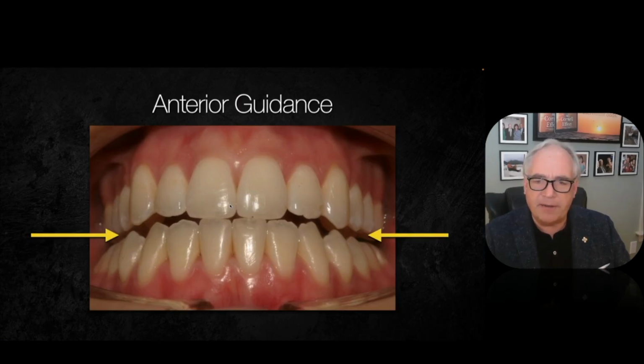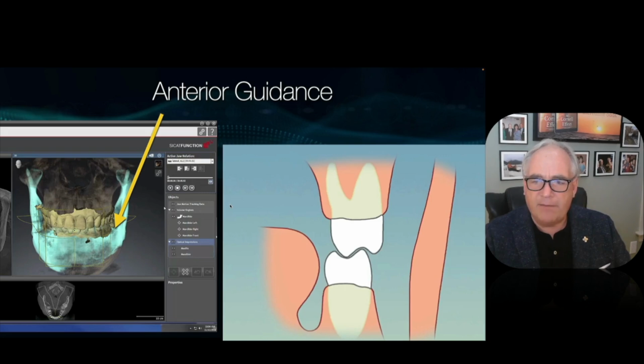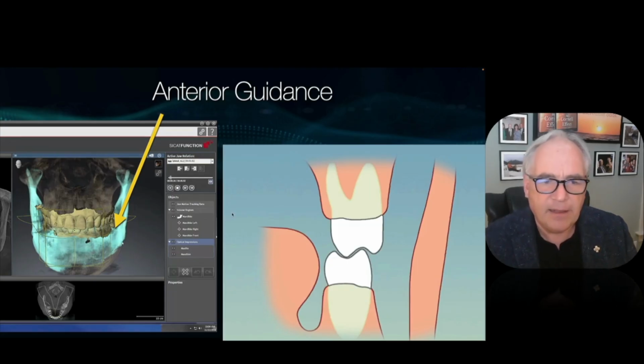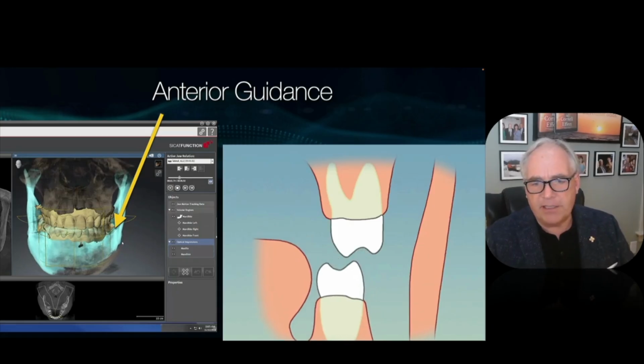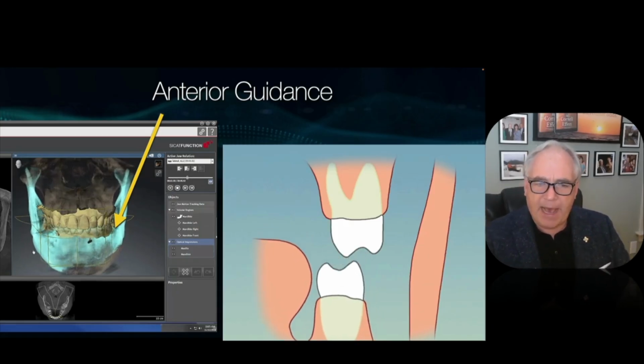But in anterior guidance, we want to have a good disclusion in protrusion where the posterior teeth are separated. We want to have good disclusion on the balancing side where the longer buccal cusp gets past the longer upper lingual cusp. And again, while we'll have canine guidance on the working side, notice that the non-working condyle, as it comes forward, is coming down the condylar path. That helps get these teeth or these cusps past one another.